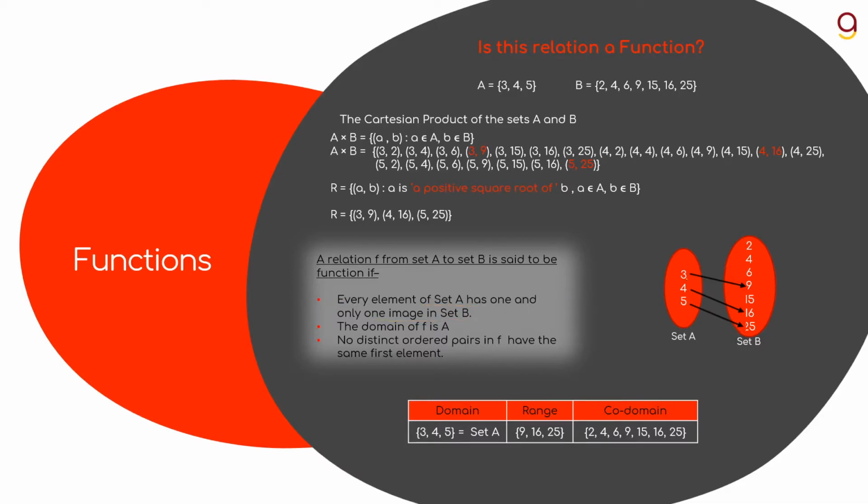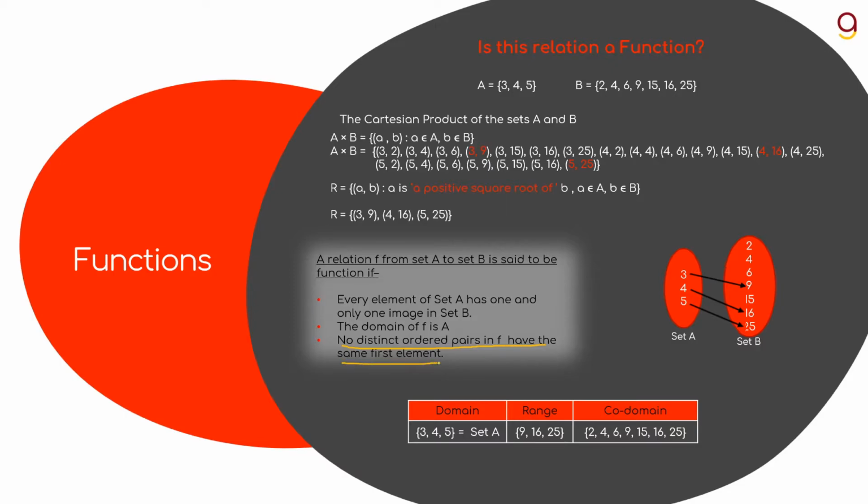We can see that 3 has a single image 9, 4 has a single image 16 and 5 has a single image 25. Next, the domain of f is A. Yes, the domain of the function consists of the elements of set A. Okay, then no distinct ordered pairs in f have the same first element.